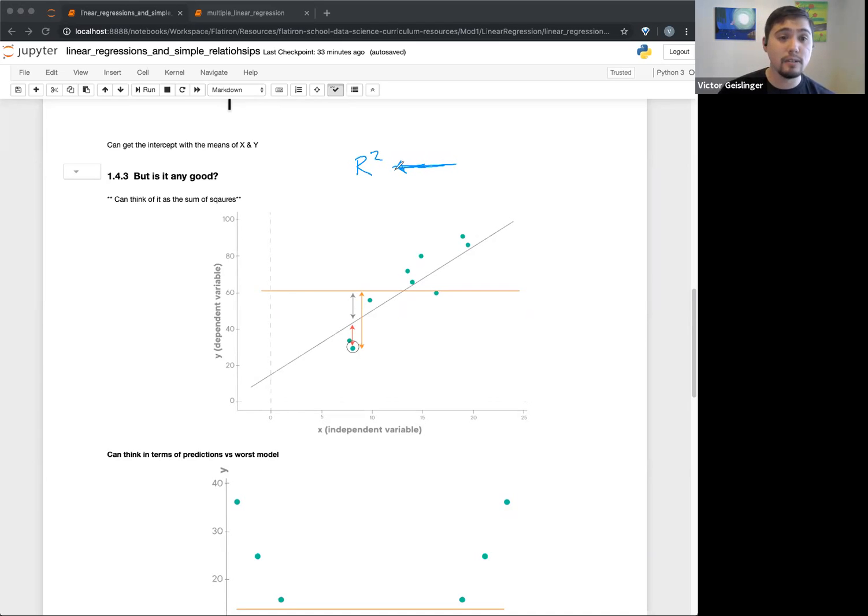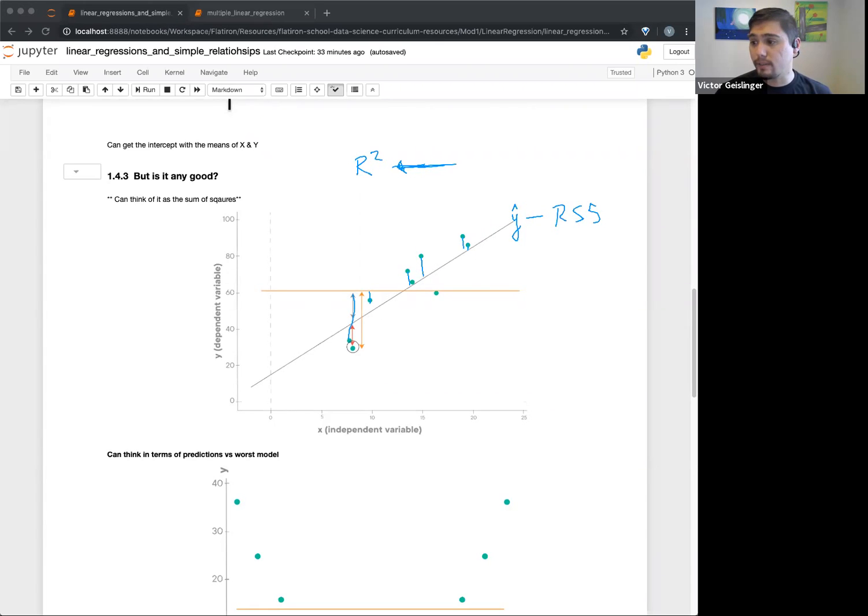But the point is, the R squared value is based around how far these points are from my predicted Y value, my Y hat. This gives us something called our RSS, our residual sum of squares. Then we also compare it to how far the points were from this really bad model.